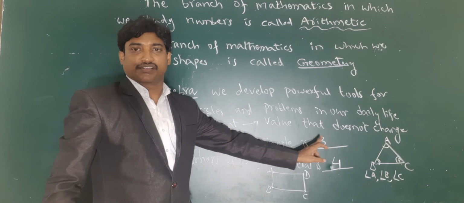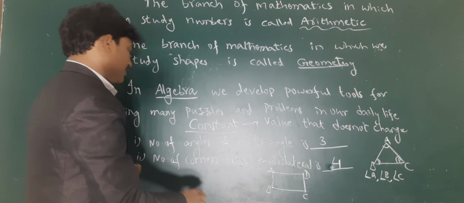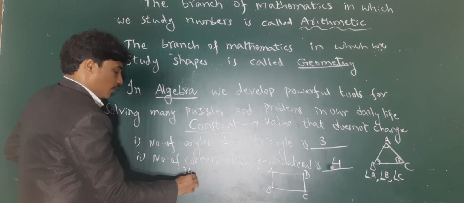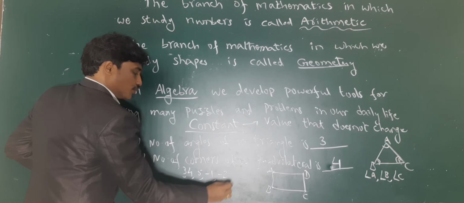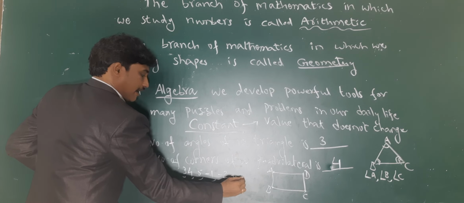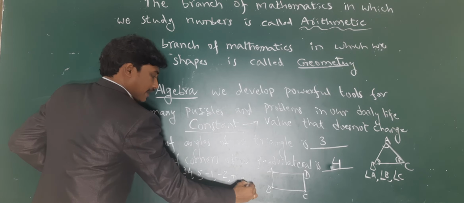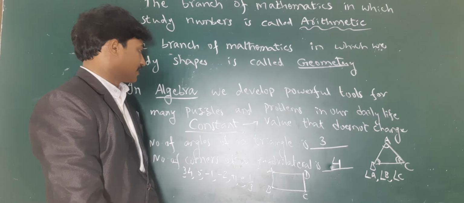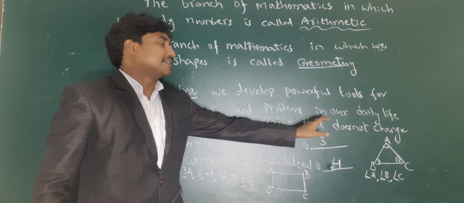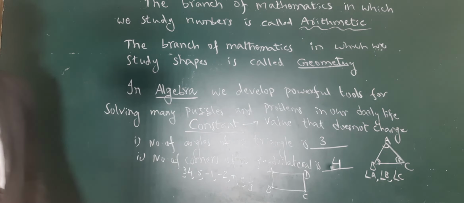Here 3 is a constant, 4 is a constant. So 3, 4, 5, -1, -2, pi, e, 1 by 3. All these are constants. Constant is a value that does not change.